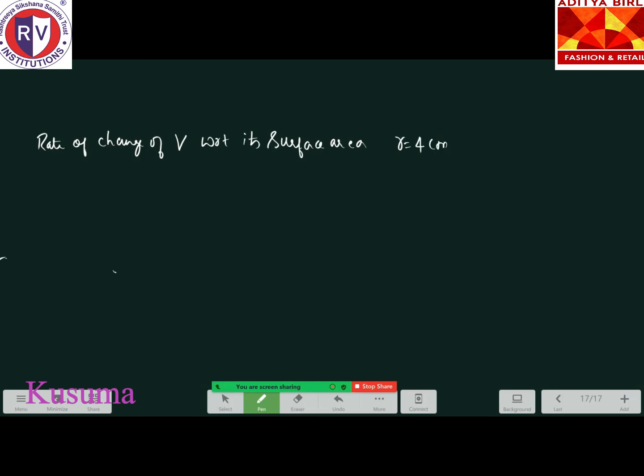You have to find dV by dA. This you have to find when r is equal to 2. Sorry, r is equal to 4.